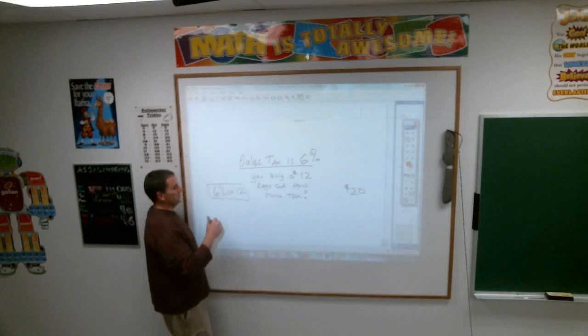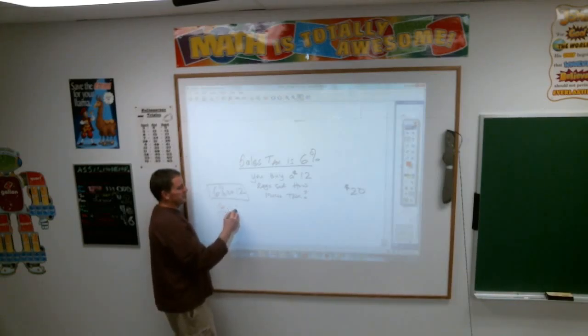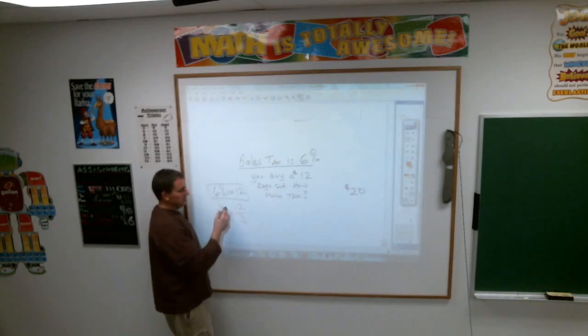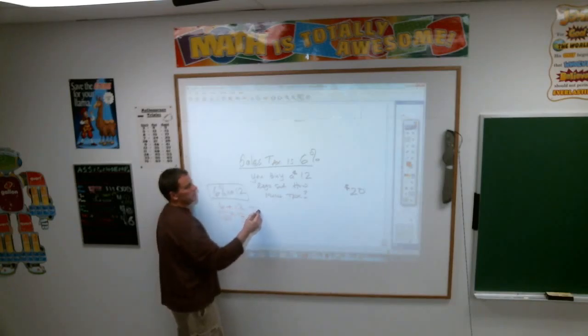Fraction. So you're going to make this 6 over 100 times 12? Interesting. So we'll get what? I guess we've got to do it this way. What are you going to get if you multiply this out? 72 over 100.